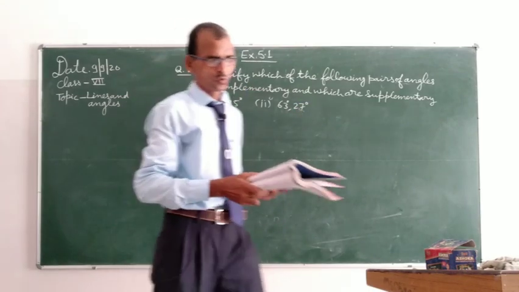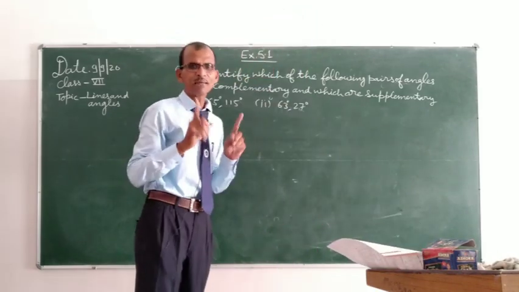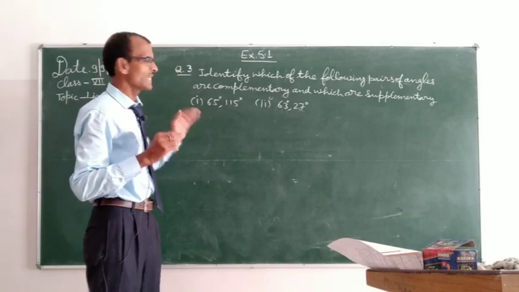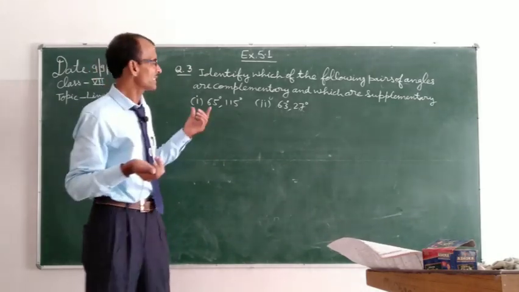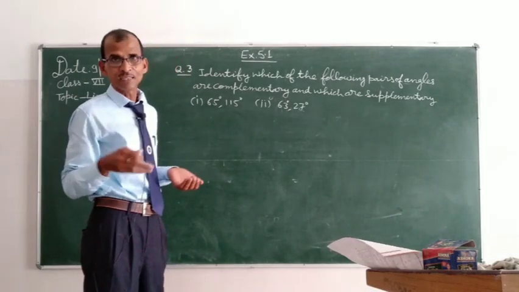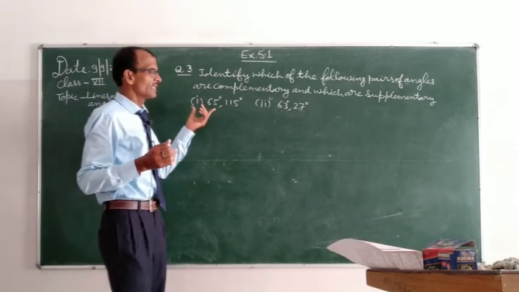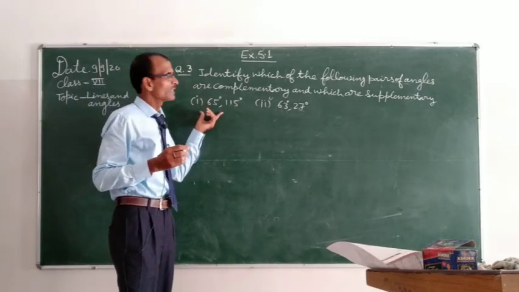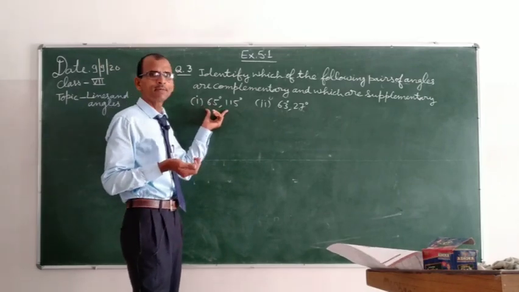As we know, if the sum of two angles is 90 degree, they are called complementary angles, and if the sum of two angles is 180 degree, then they are supplementary angles. So, to check whether these are complementary or supplementary, first we find the sum of the given angles.